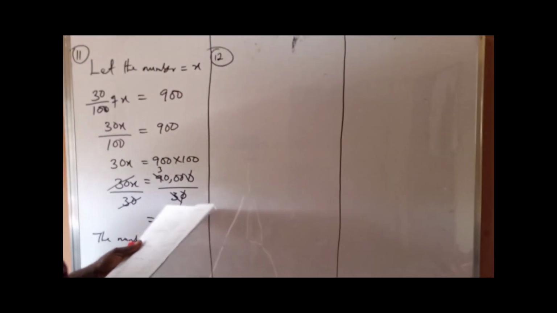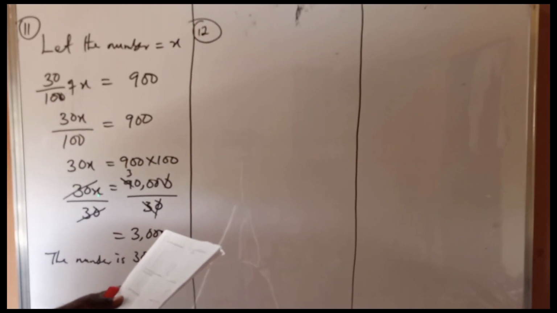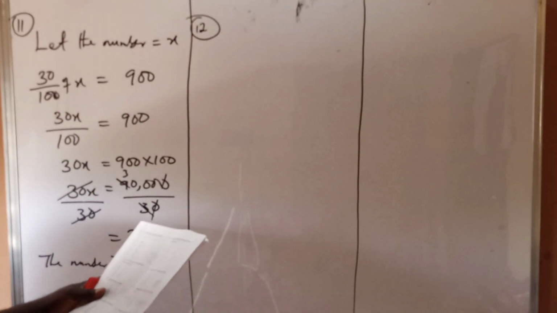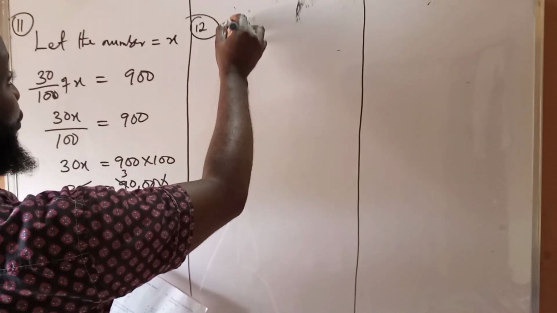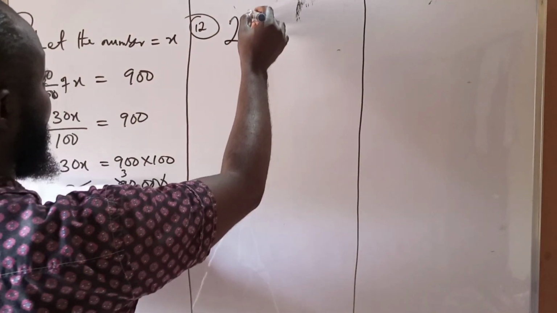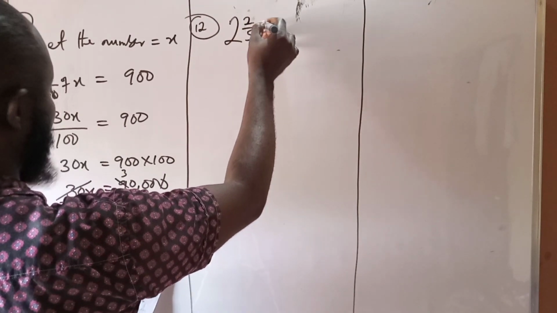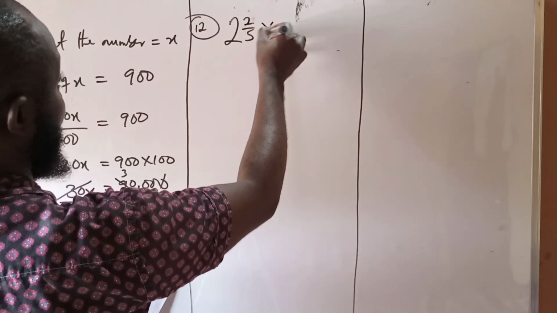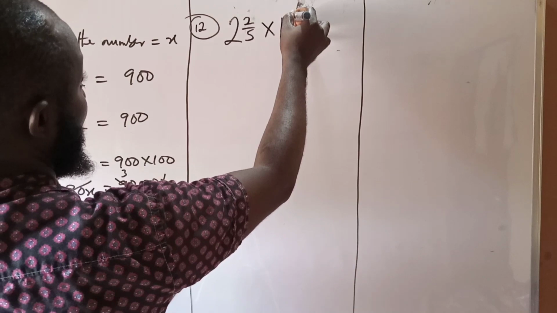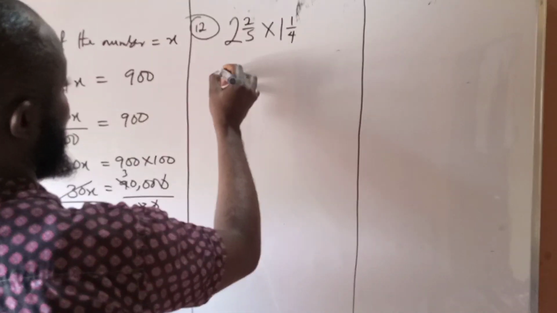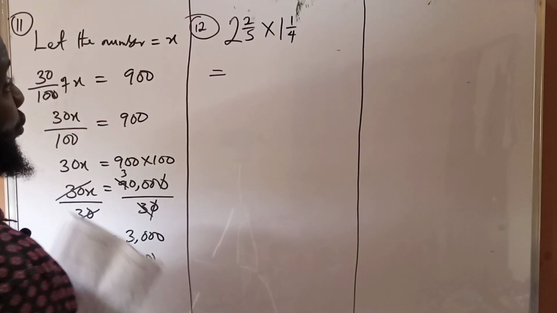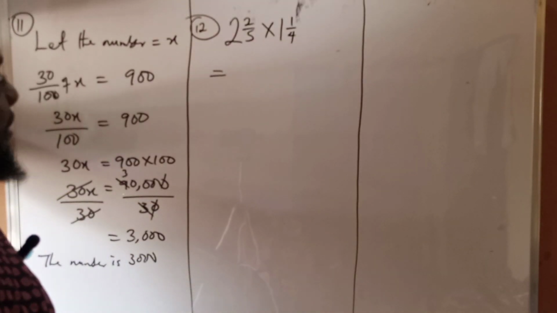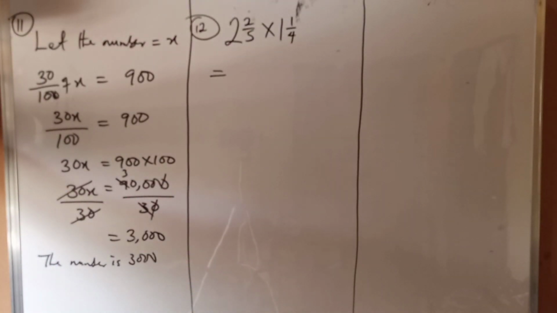So question 12 here says, this is a multiplication of fractions. We have to simplify 2 whole number 2 over 5 multiplied by 1 whole number 1 over 4. The first thing you need to do is to change this to improper fractions.